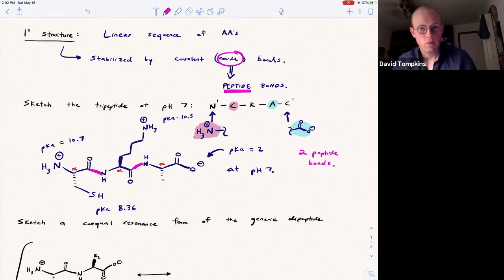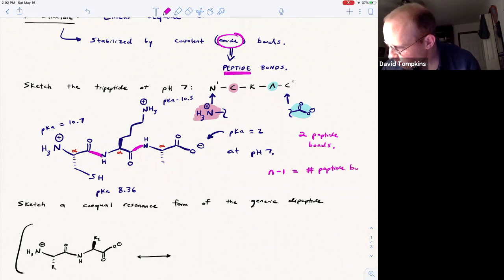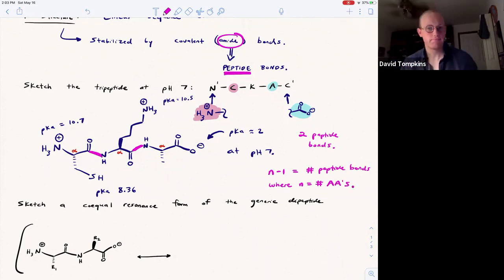So you always have 1 less peptide bond, or N minus 1 is the number of peptide bonds, where N is some integer value that is the number of amino acid residues. So you want to be able to draw those tri and polypeptides with correct stereochemistry and correct formal charges at a given pH value.